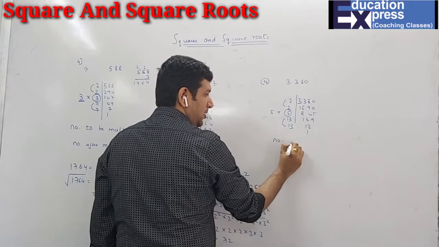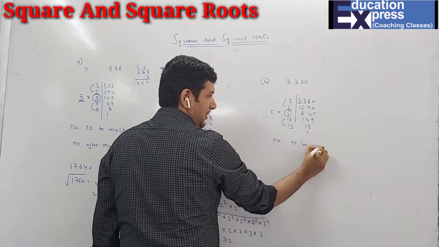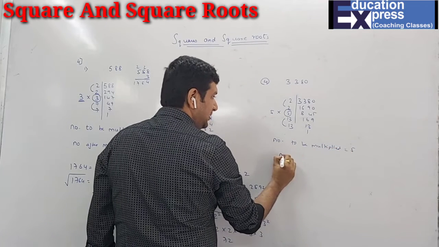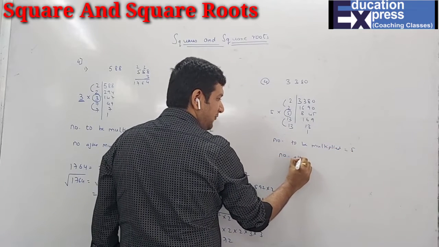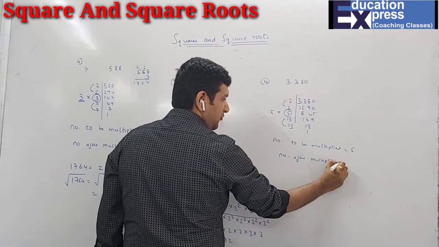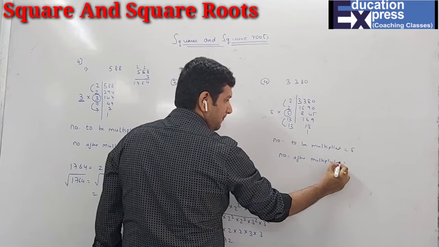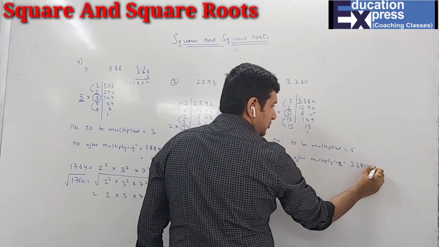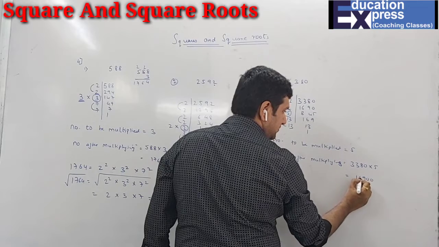So the number to be multiplied is 5 and the number after multiplying, of which you have to find the square root, is 3380 into 5, 16900.